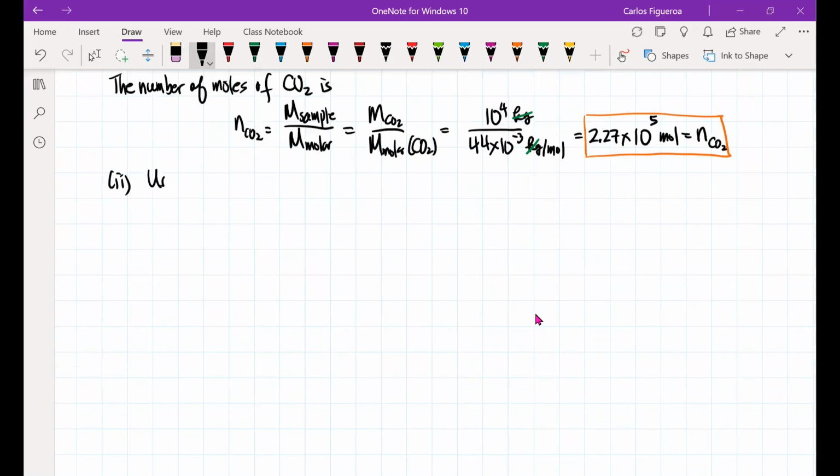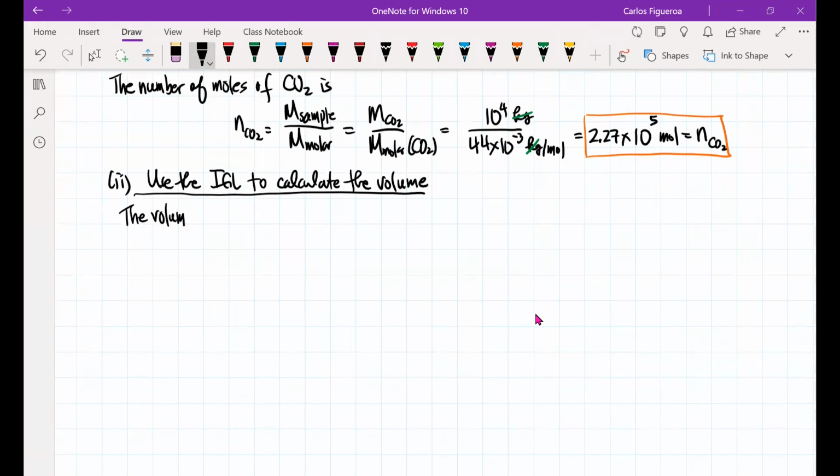So now that we're here, that means the volume of the CO2 cube is, PV equals nRT, and that allows me to solve for the volume, which is then going to be nRT divided by P. So then we start putting in our numbers.